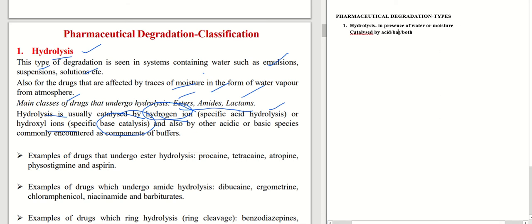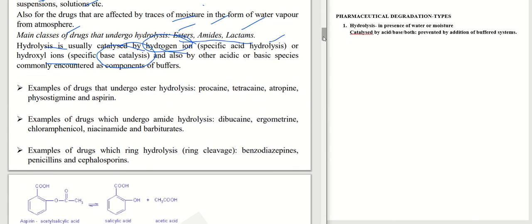So if we are able to block this acid or base presence, then we can actually block this hydrolytic degradation. Now how can we do this? It can be prevented by the addition of buffers or buffered systems. Now let us see, as we all know, the class of drugs that undergo hydrolytic degradation includes esters, amides, and lactams.